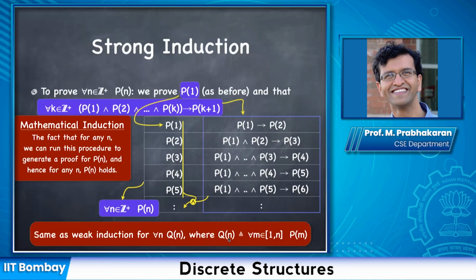And if you apply weak induction to Qn, that is the same as applying strong induction to P. If you look at what the induction hypothesis is, it's saying P1 and P2 all the way up to Pk. That is to say, for all n less than or equal to k, Pn, or in other words, it's the same as Qk. So this is just Qk.